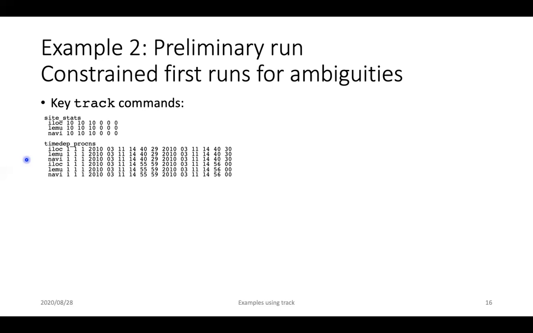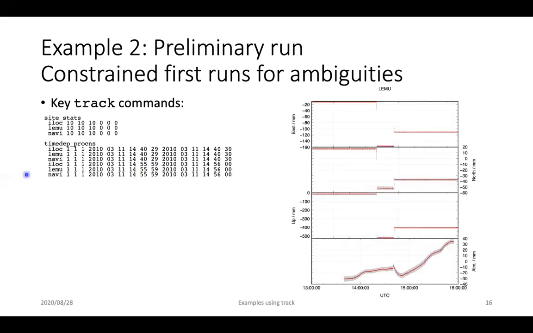And so we need to know what the difference between GPS time and UTC is in order to get these times correct. Currently, as of the recording of this webinar, the difference between UTC and GPS time is 18 seconds. At the time of this earthquake, I can't remember what it was, but it was perhaps 15 or 16 seconds. So we need to take that into account when we compare times in the RINEX files and the track command files to the times that are reported for the earthquake.